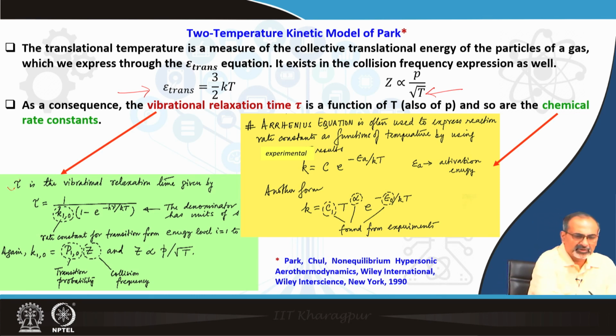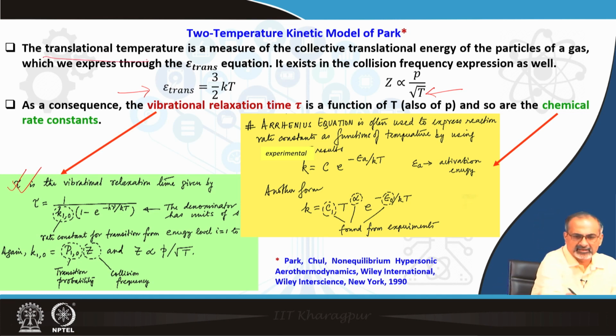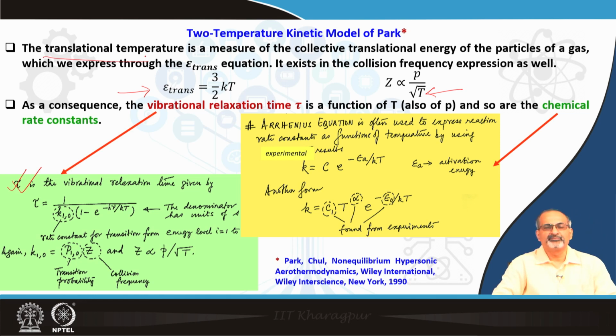So, we recall the vibrational relaxation time equation here. We clearly see the dependence of tau on temperature, which is again the translational temperature that we are talking about. It of course is also dependent on pressure, but the temperature connection is what we are more concerned about over here.